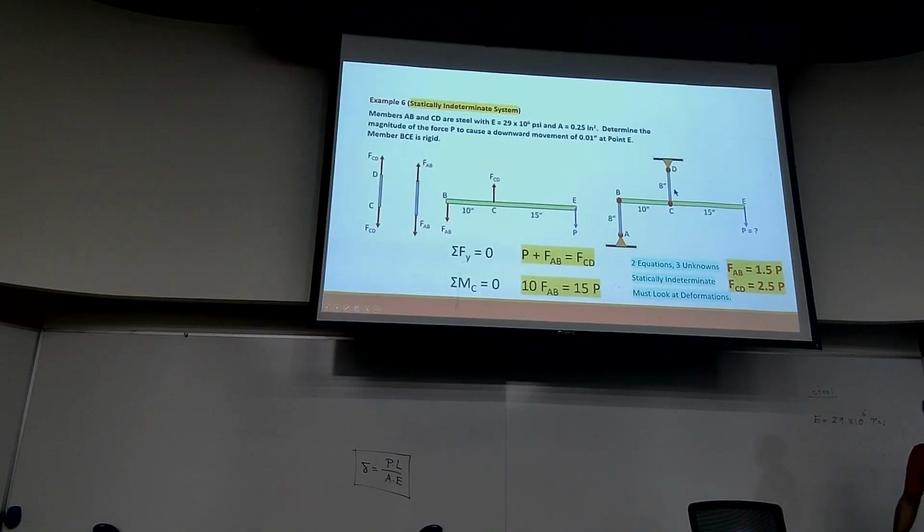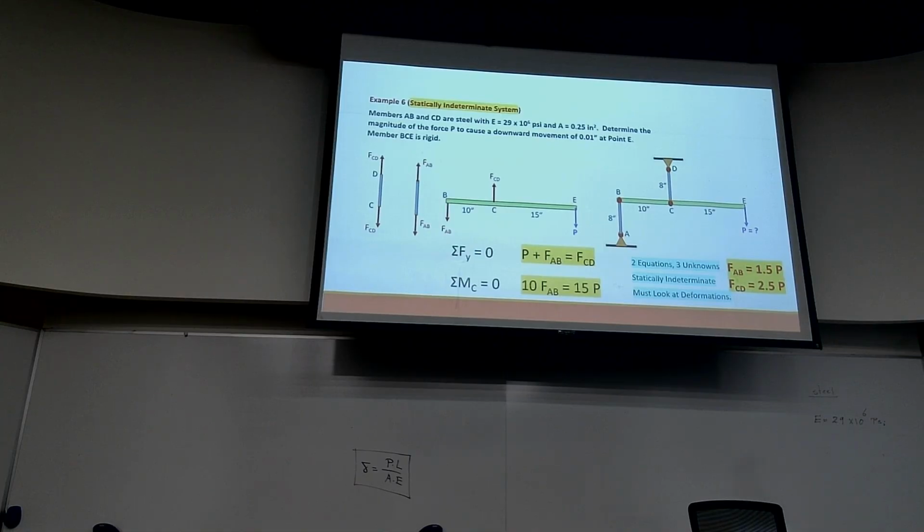These are identical in dimensions and in material, and we are applying the force here, and we want point D to move down by 0.01 inches. And the question is, how much force do we need to do that?